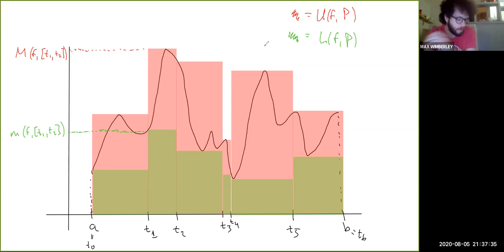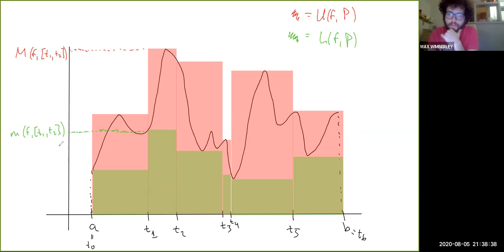That's going to be one of the things we talk about in a few videos from now. But anyway, I just wanted to give a graphical representation of what these upper and lower sums look like. I hope this helps, and it'll be good for you to try to visualize something similar to this for as much of the stuff about integrals that we talk about as you can.